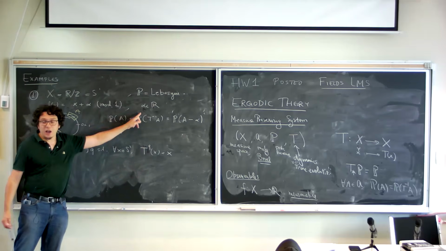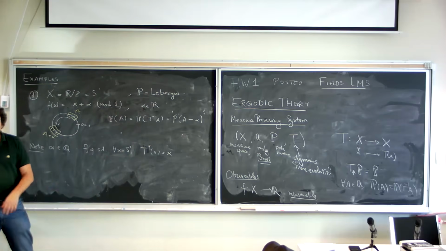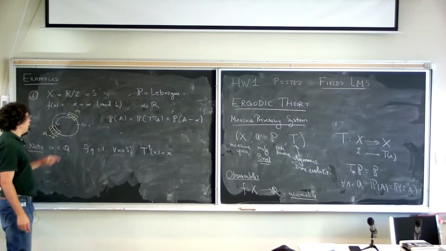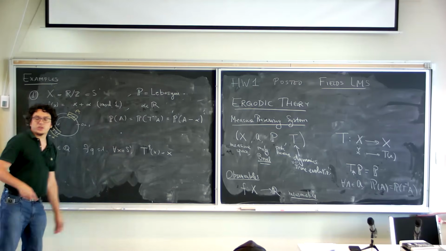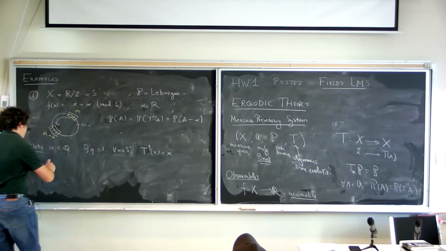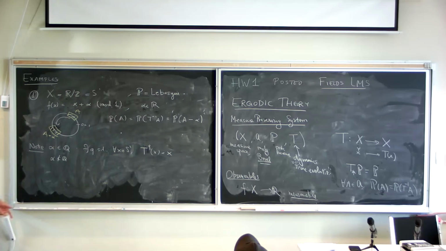So if alpha is 1/2, a rotation of half a turn, if you do it twice, you get the identity and so forth. And for any rational, you can choose Q accordingly. But if alpha is not in Q, the dynamics is really different.